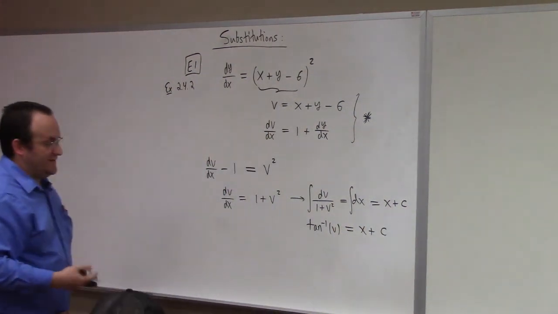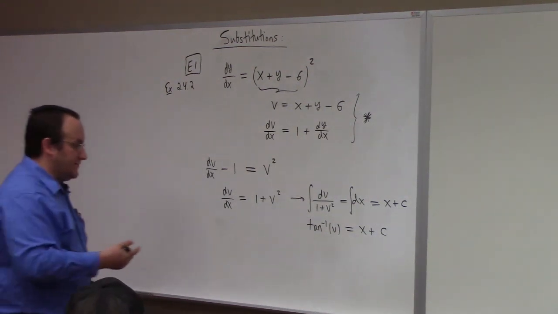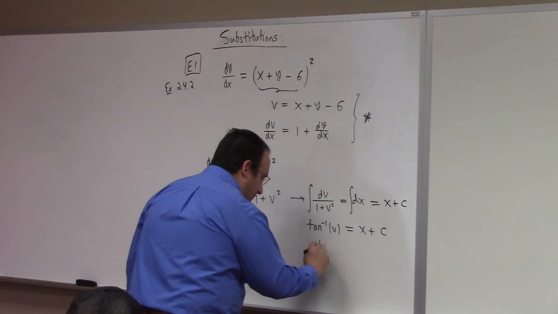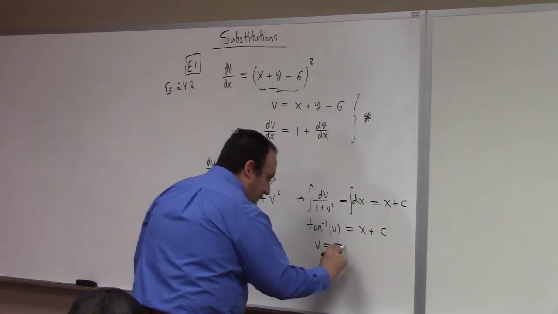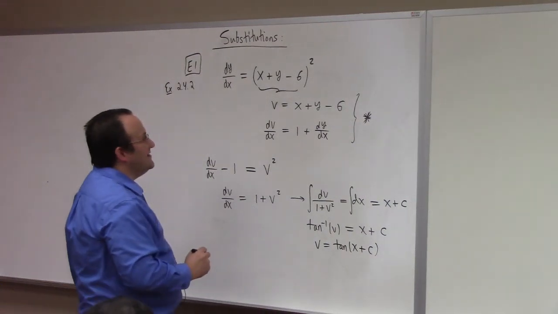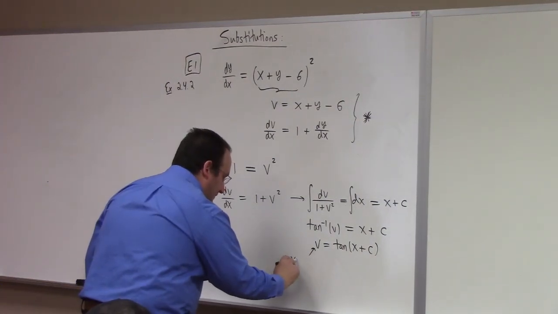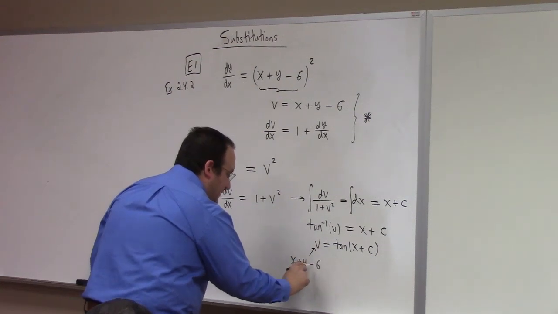Now, our goal is not to find a relation between v and x. We want to find how y and x are related. Either we want to find an implicit solution or an explicit solution here. So this says that v is the tangent of x plus c. And what was v? v was x plus y minus 6.